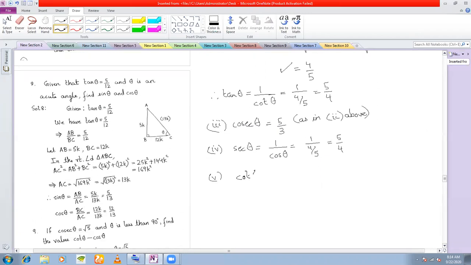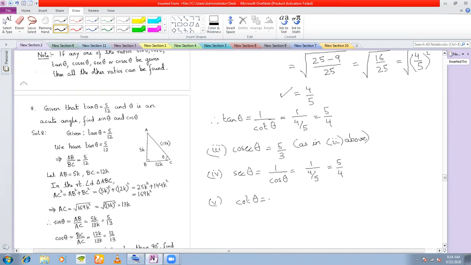Cot theta is equal to 4 by 5, as in 2 above. Okay. So this is how you find out the other trigonometric ratios given one trigonometric ratio by this method.